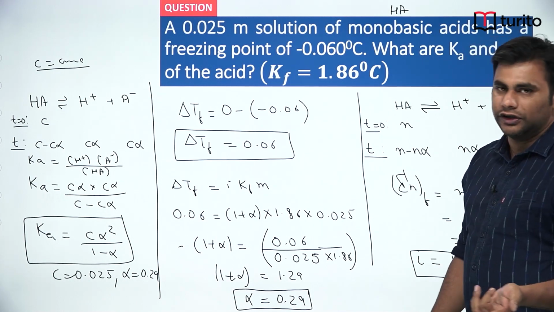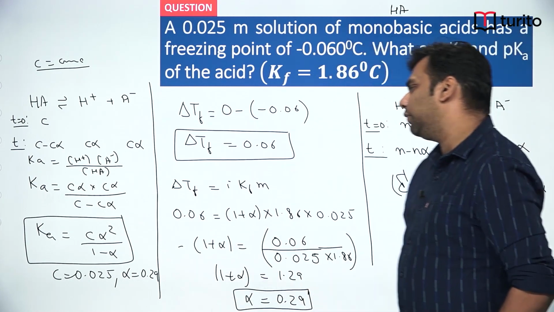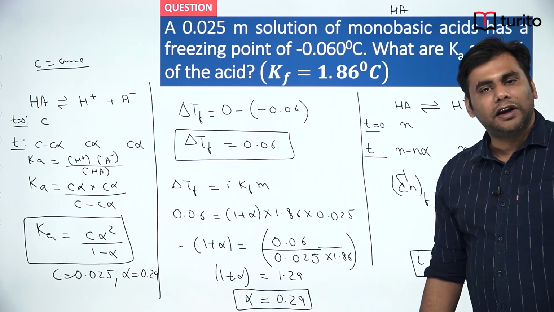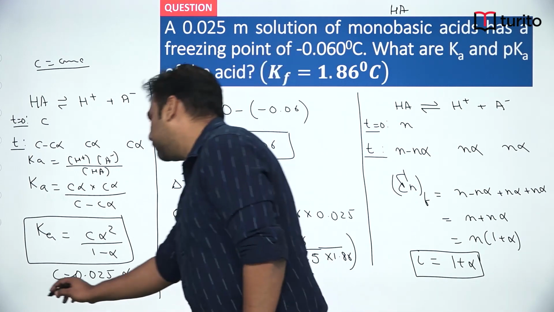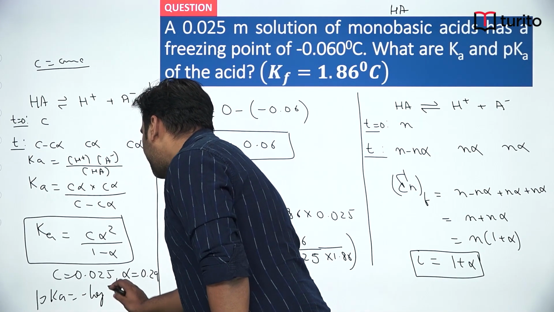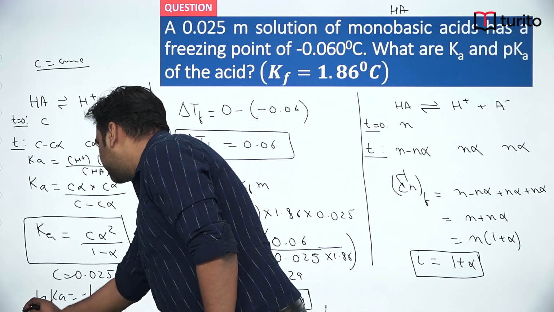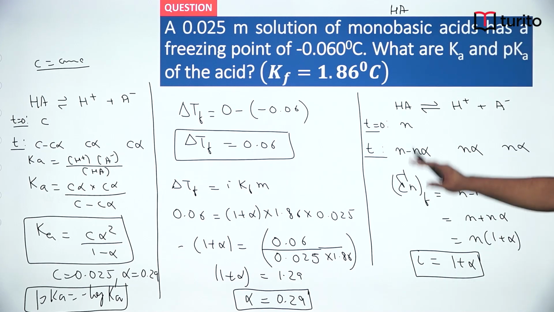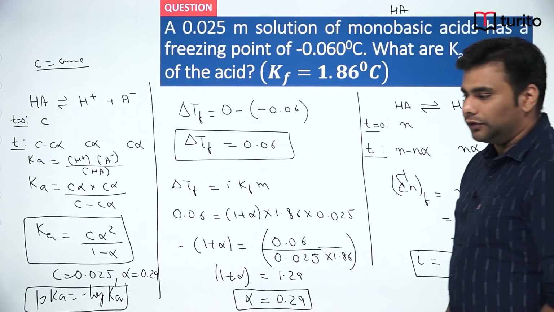So 1 minus alpha is 0.7. So this is C alpha square upon 1 minus alpha. You have to plug in these values, you will get the value of Ka, and pKa you know is minus log of Ka. Hope this is clear to you now. So this is the process that is required to solve this question.